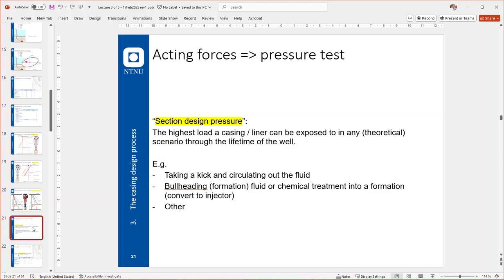But it needs to be detailed in analysis. But in most cases, this is the highest load that we normally see. What we say about the section design pressure is that it should cover the absolute highest.